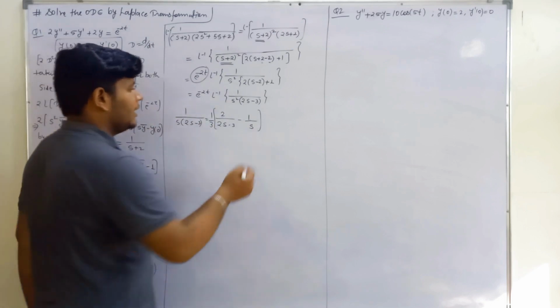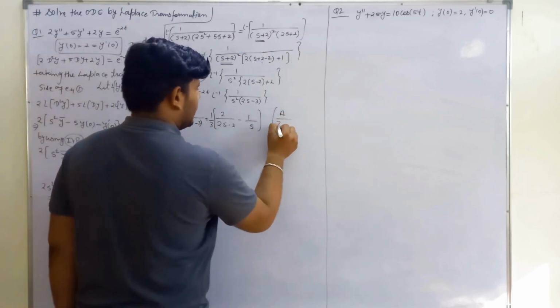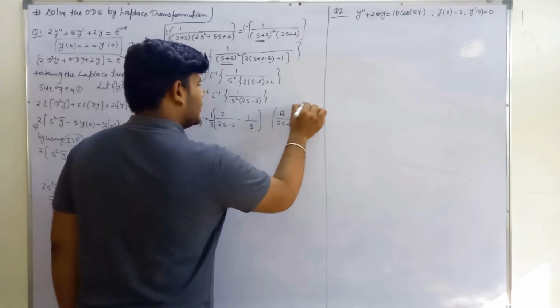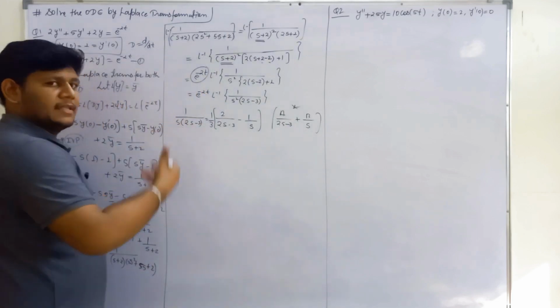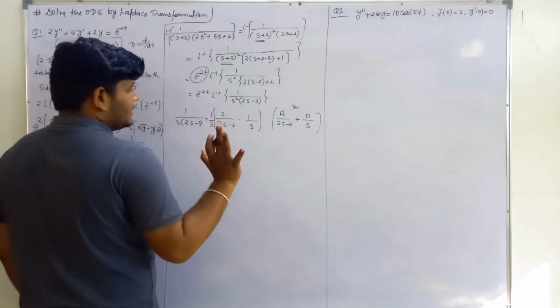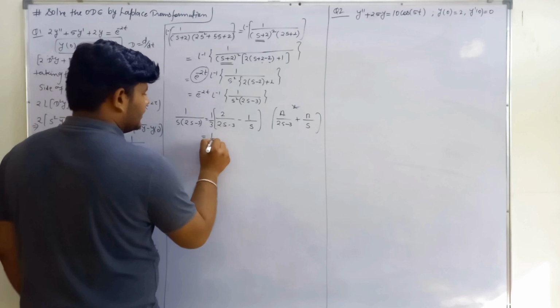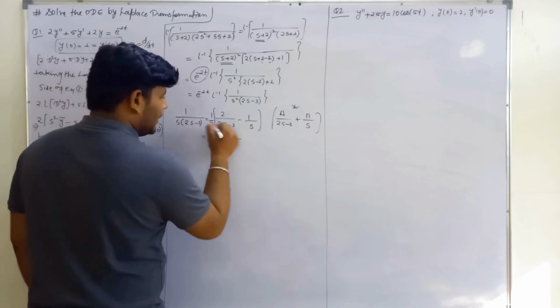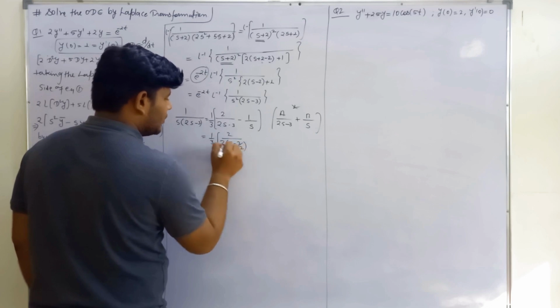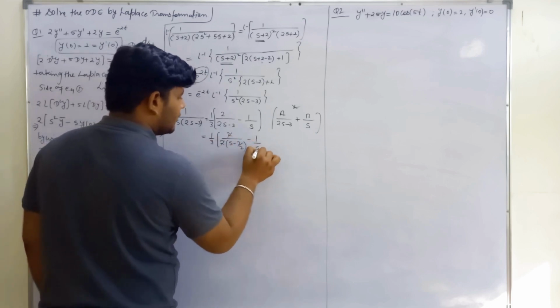You can calculate also by the ordinary method, a upon 2s minus 3 plus b upon s, you can also calculate by this method, but I am using the hit and trial method to solve the partial fraction. Now here we can easily calculate 1 by 3, if I am taking 2 common here, so it is s minus 3 by 2, because 2 and 2 got cancelled, and it is 1 upon s.